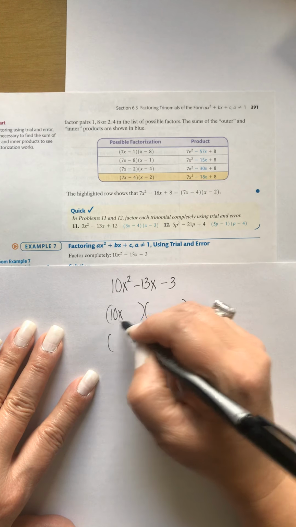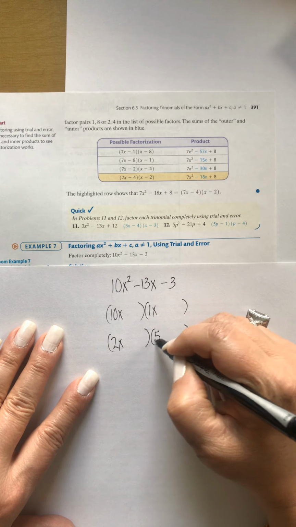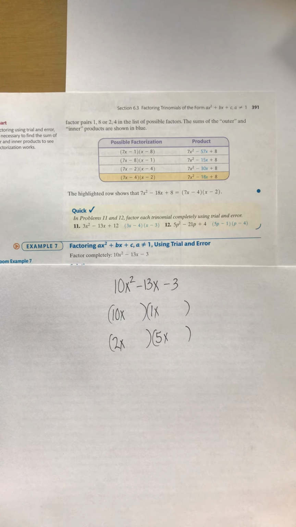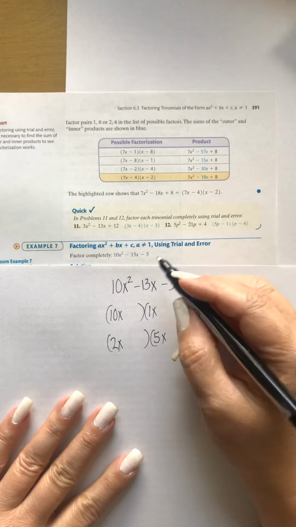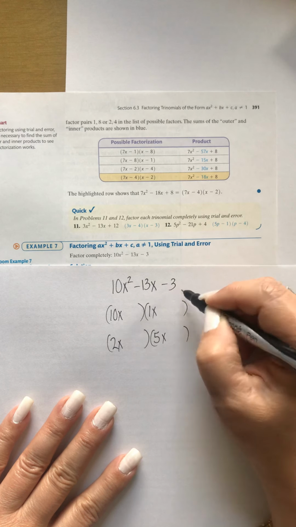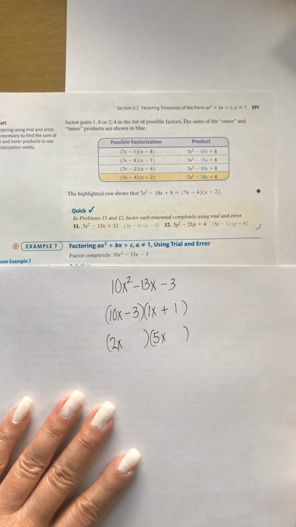So I could have 10x and 1x. I could have 2x and 5x. Those are the only combinations. And now negative 3. One has to be positive and one has to be negative.